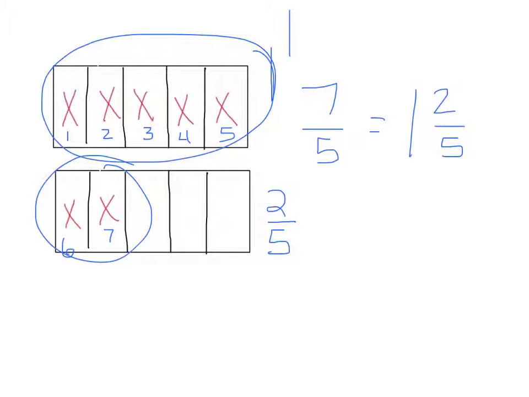Okay, now let's look at how we can do this without drawing out pictures. If we start off with 7/5, remember a couple of things. First of all, the fraction also means that we're dividing. So this really means 7 divided by 5. What we were really thinking about is, how many 5/5 can I get out of here? I can get 1 5/5.